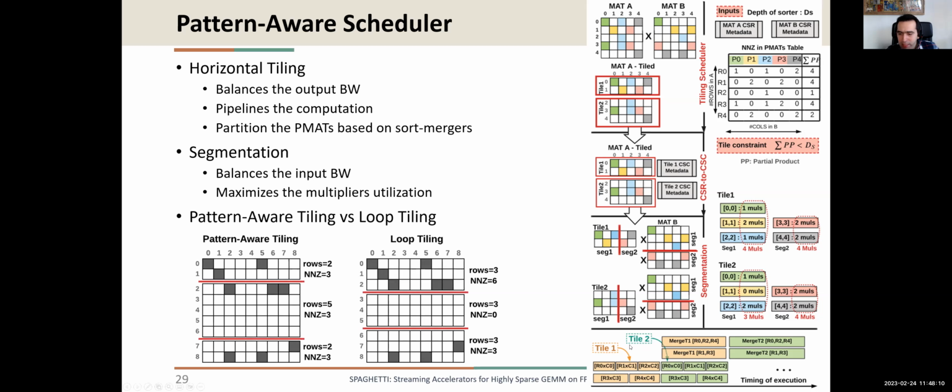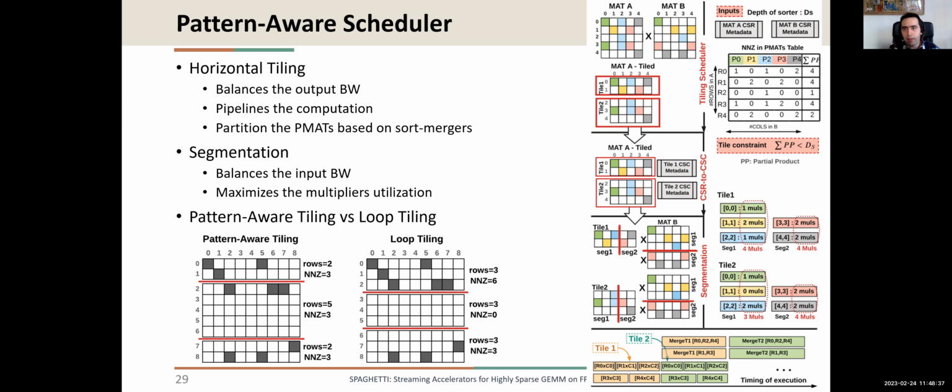But the point is that we are doing this tiling in a pipeline fashion. So here on the bottom right of this slide, I'm showing the pipeline, the multiplication and merging phases of different tiles. So we have this scheduler on our host processor, right? The scheduler starts doing scheduling and extracting the tiles.